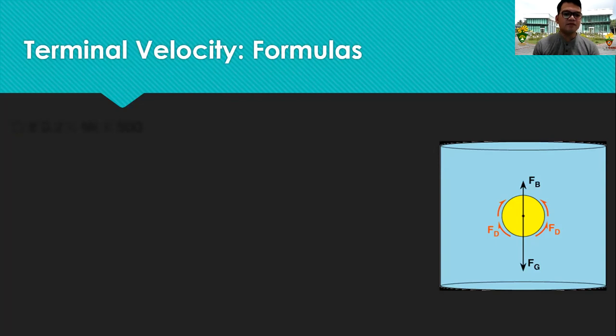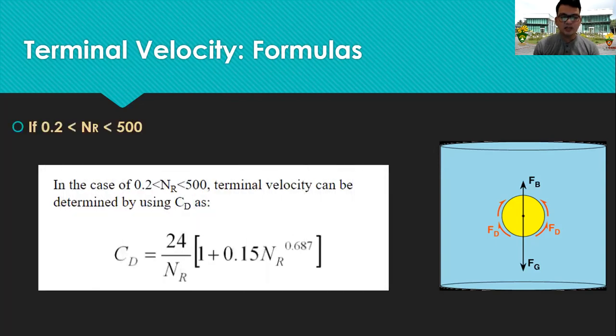If the Reynolds number is from 0.2 to 500, the formula for the drag coefficient will be applicable using this equation.